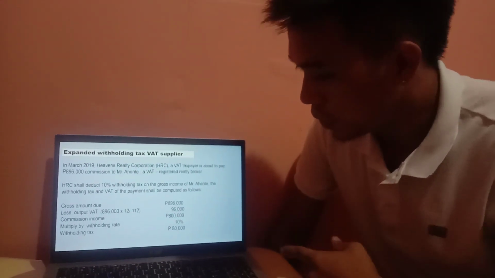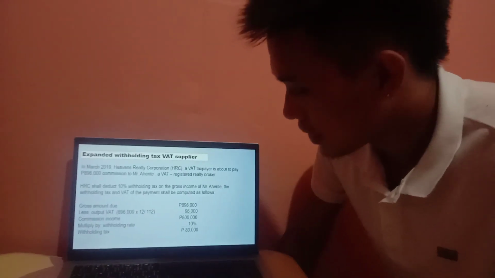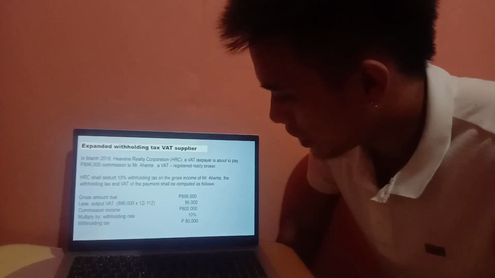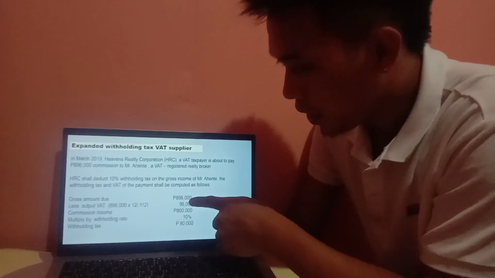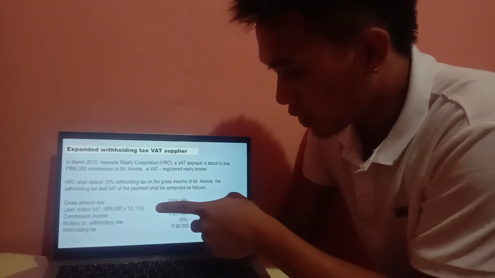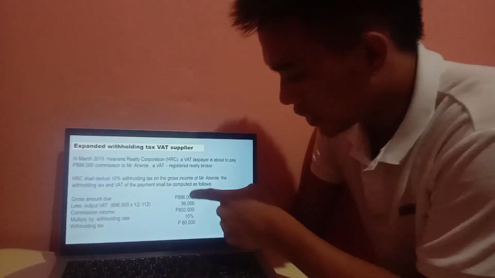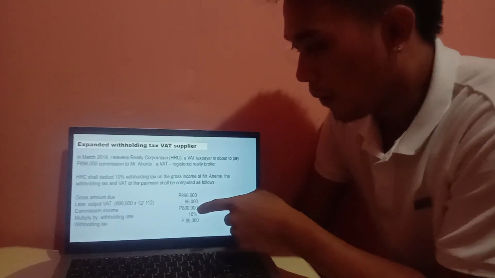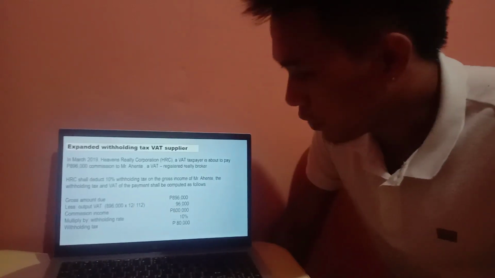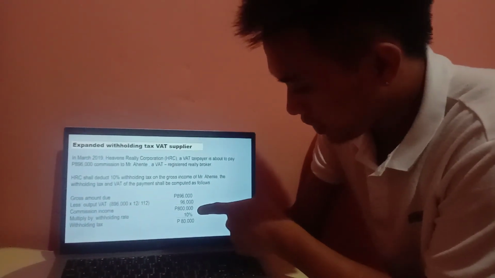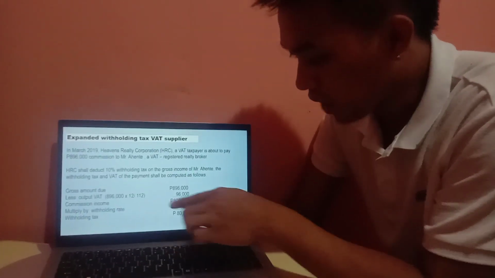Gross amount due 896,000, less output VAT: 896,000 times 12 divided by 112 is 96,000. We subtract it to get the commission income: 896,000 minus 96,000 is 800,000. Then we multiply the 800,000 by the withholding rate of 10%, so the withholding tax is 80,000.